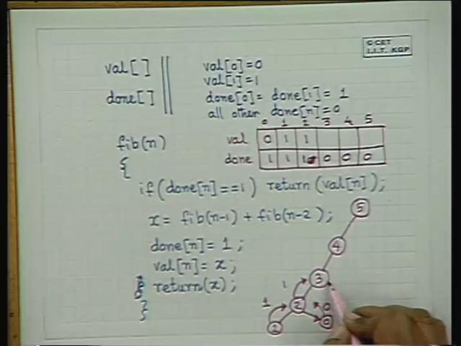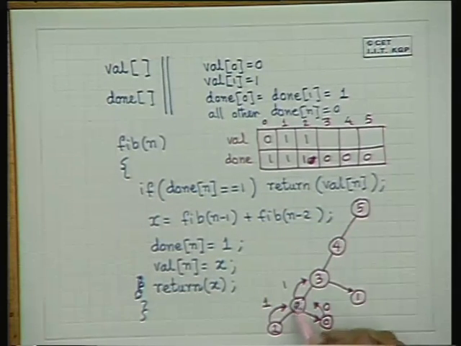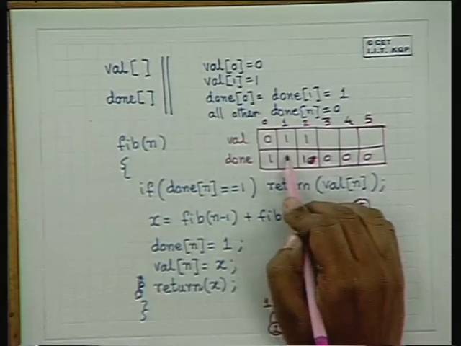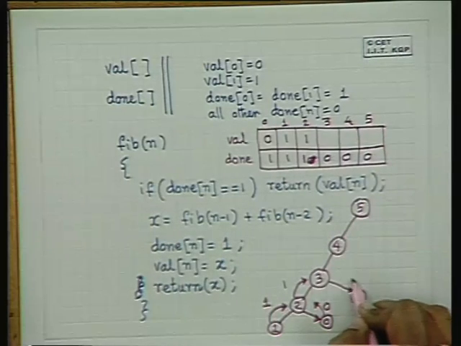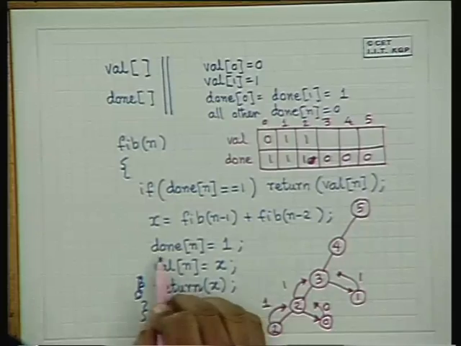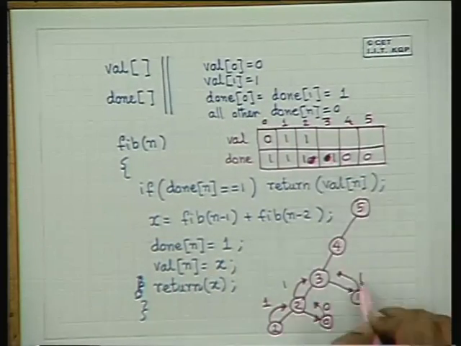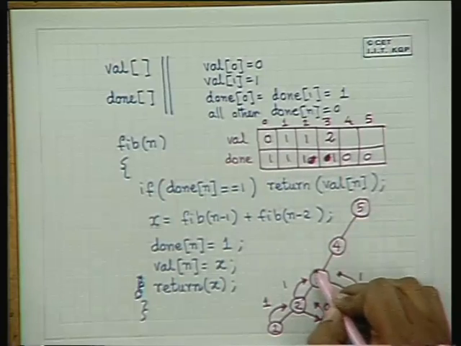When it comes to 3, it will call 2 again, and 1 again. 2 is done, now 1, again done 1 is 1, so it returns 1. Here at 3, it will make done 3 1, it will make val 3 2 and it will return 2.